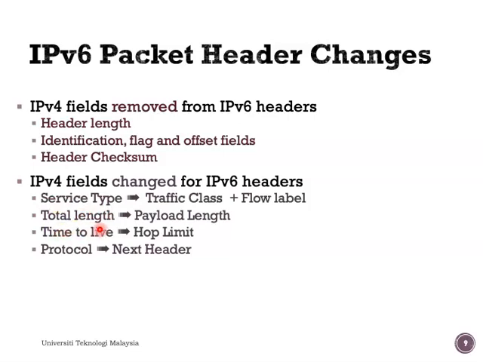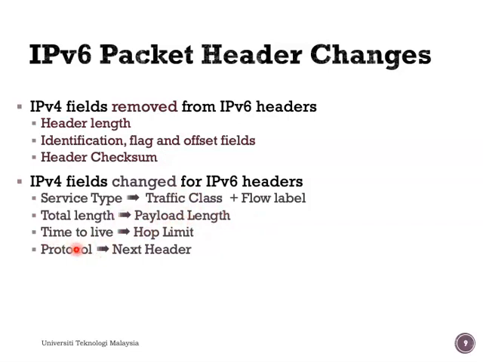Also, total length is eliminated in IPv6 and replaced by the payload length field. Payload length means the data field length. Previously in IPv4 we needed to know the total length and the header length, and from there we could get the payload length. But for IPv6 the header length is fixed, so the only thing we need to know is the payload length.